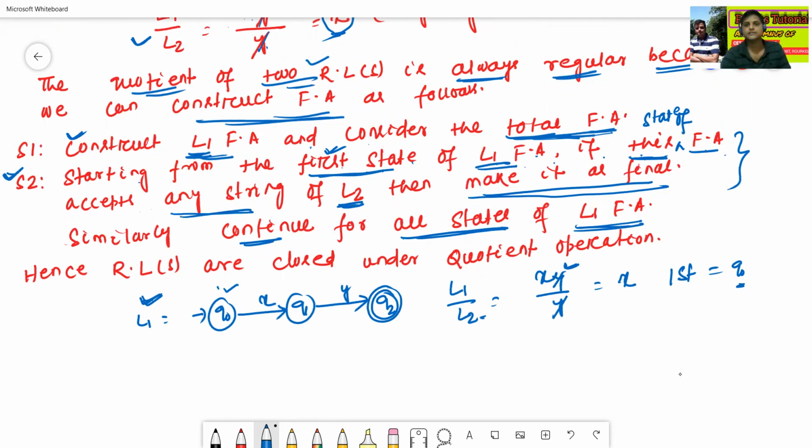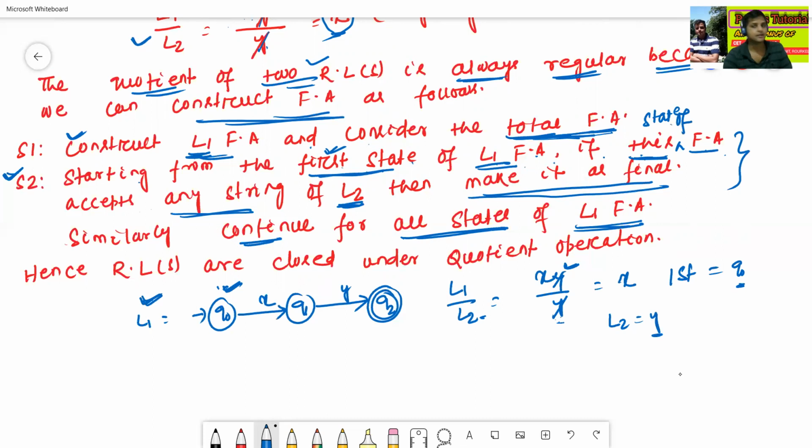Here the L2 language is Y. Now we'll check: does Q0 accept Y or not? No. Q0 does not accept Y. So we cannot make Q0 a final state.